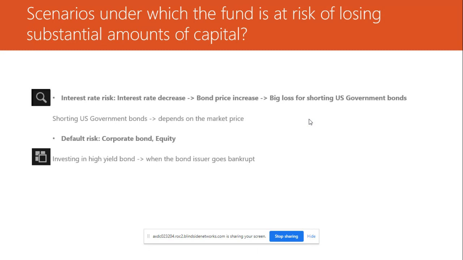And the second scenario we think will bring a big loss to the fund is regarding the default risk, which applies to corporate bond and equity investment, especially when the fund is investing in high yield bonds, which contain high risk with a low credit rating. So when the bond issuer goes bankrupt, and in the case of no collaterals, the fund will bear a big loss from the investment.